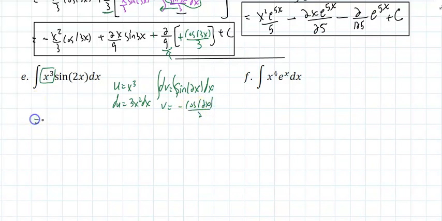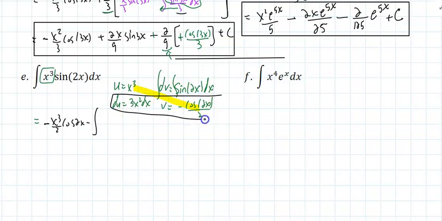This is going to equal u times v, and somebody made this observation, u times v minus the integral of v du. So if you take those and you multiply 3 times 2, negative times a negative will be a positive, just to save time. And 3 times a half is 3 halves. The integral of x squared, the cosine of 2x dx.